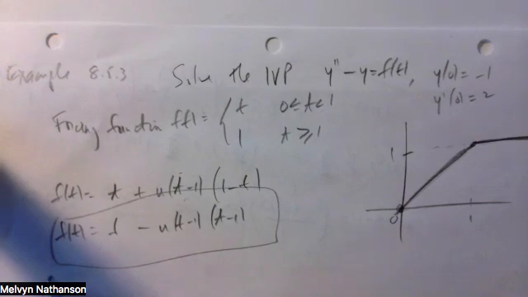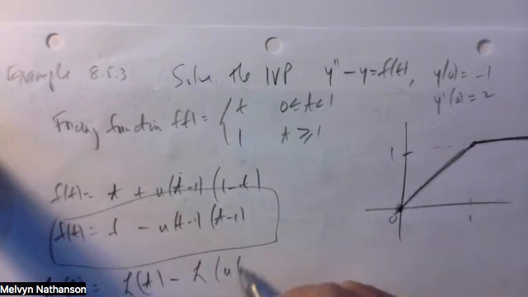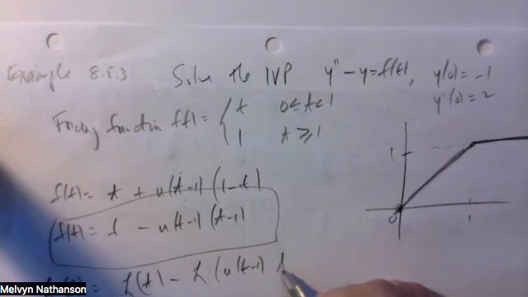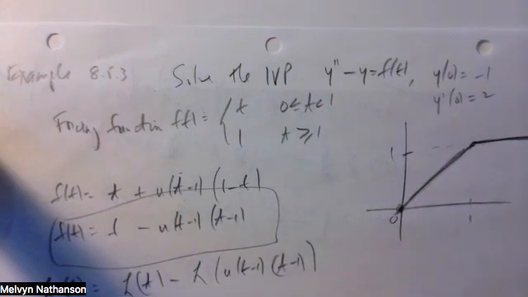And what is the Laplace transform of f? This is the Laplace transform of t minus the Laplace transform of u of t minus 1, t minus 1. So the Laplace transform of t is 1 over s squared.